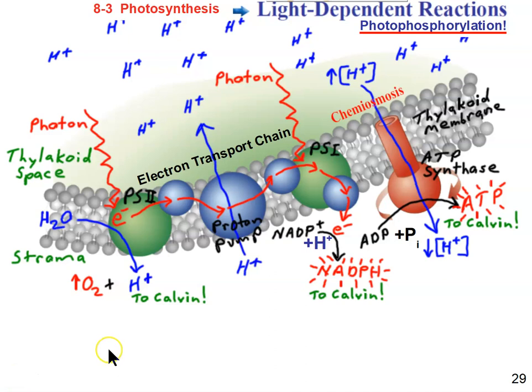So now that we know what and where everything is, we can take a look at the process. And the process, of course, begins with light energy being absorbed by pigment molecules in the photosystem. So chlorophyll embedded in the phospholipid bilayer here, forming photosystem 2, will absorb light energy in the form of photon, and that excites electrons.